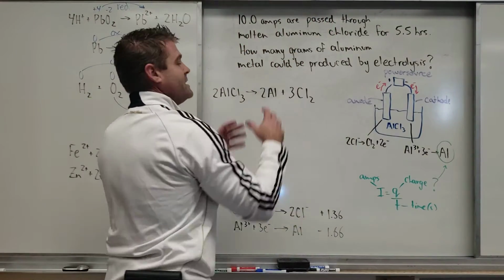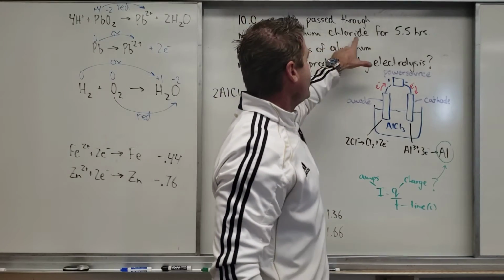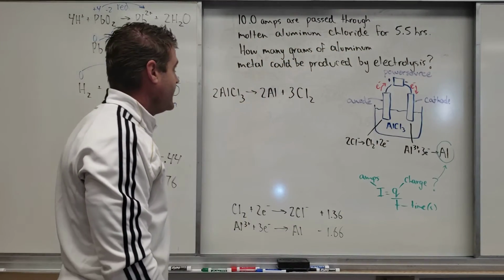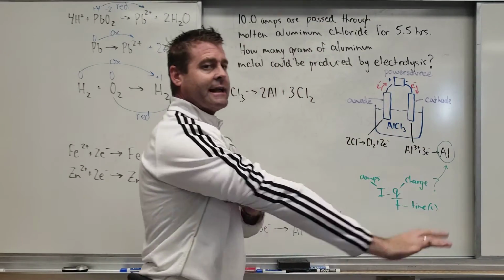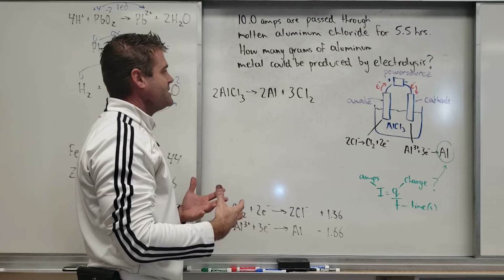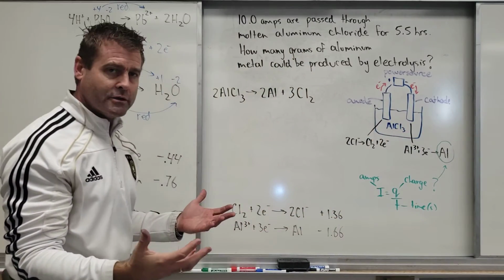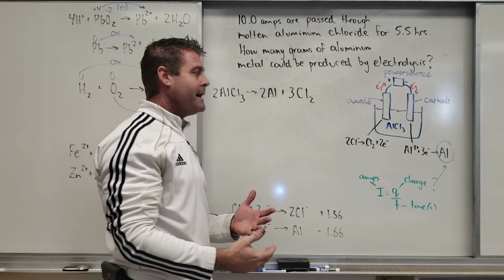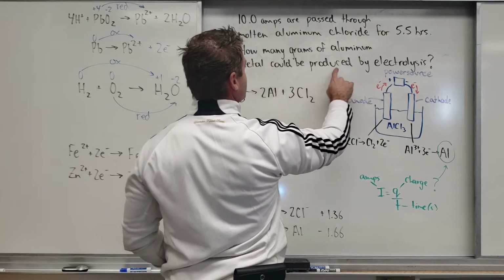Okay, so here's the question. Write this down. Say we have 10 amps passed through molten aluminum chloride for 5.5 hours. So we're passing a current. I even drew a picture, and I would advise you guys to draw pictures just to see what's going on. Molten means we have aluminum chloride, which would normally be a solid, but you heat it up and it's now a liquid. The question is, how many grams of aluminum metal could be produced by electrolysis?